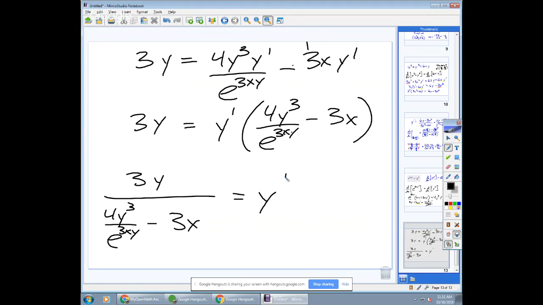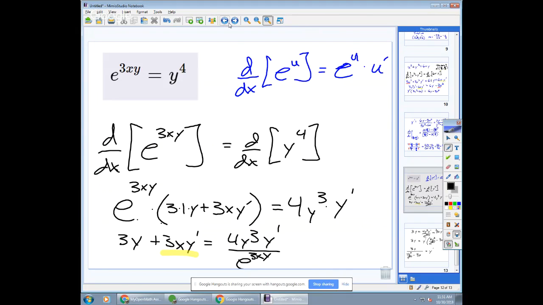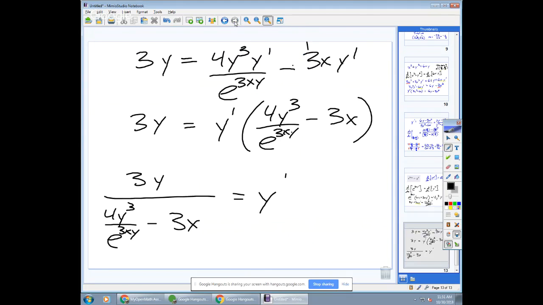If you had distributed here in the first place, that would be a lot like multiplying top and bottom by e to the 3xy. So the alternative William mentioned was another answer: 3y e to the 3xy over 4y cubed minus 3x e to the 3xy.